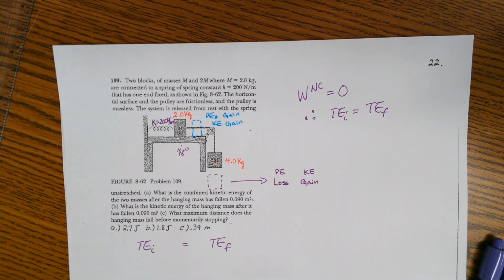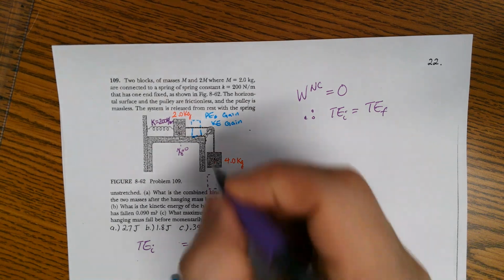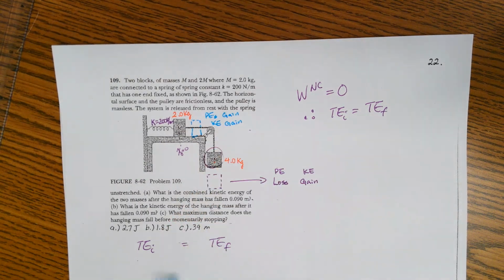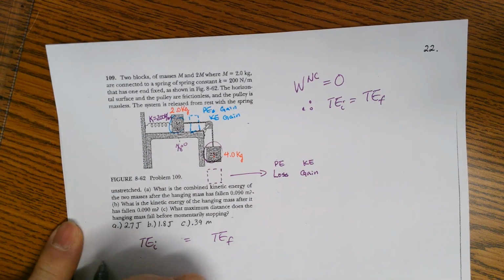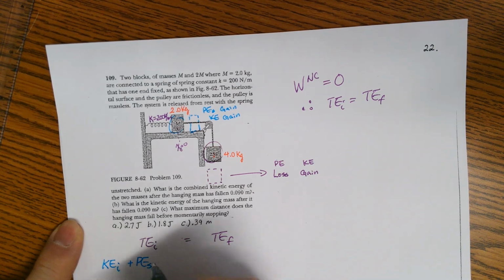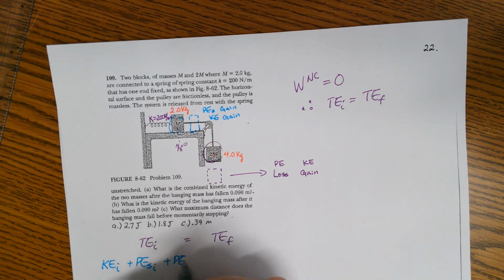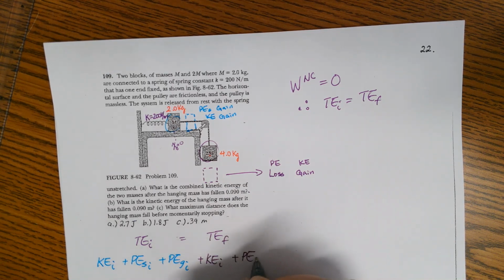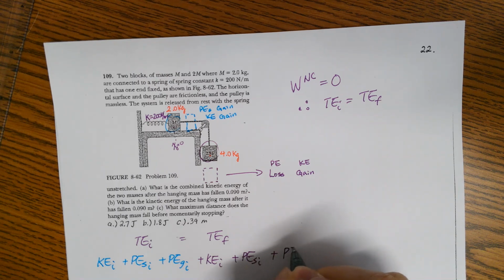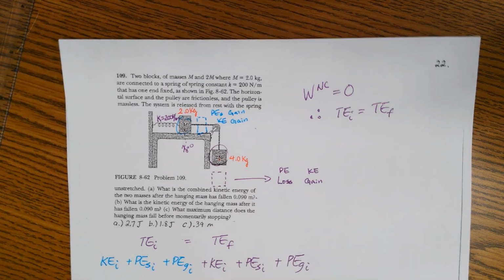So hopefully we can. I'll do this in purple and I'll do this in blue. So total energy initial, I can have kinetic energy initial plus potential energy spring initial plus potential energy gravitation initial, and I can have kinetic energy initial plus potential energy spring initial plus potential energy gravitation initial.